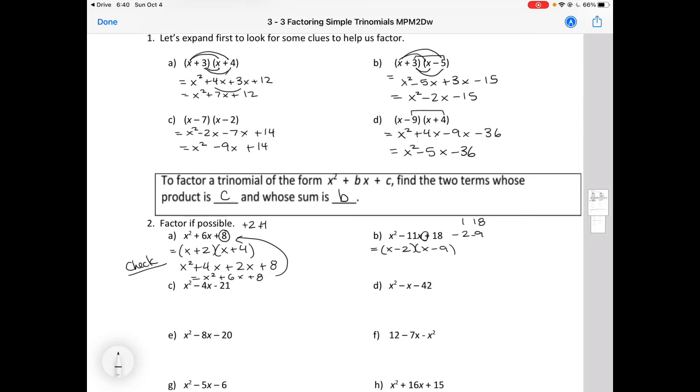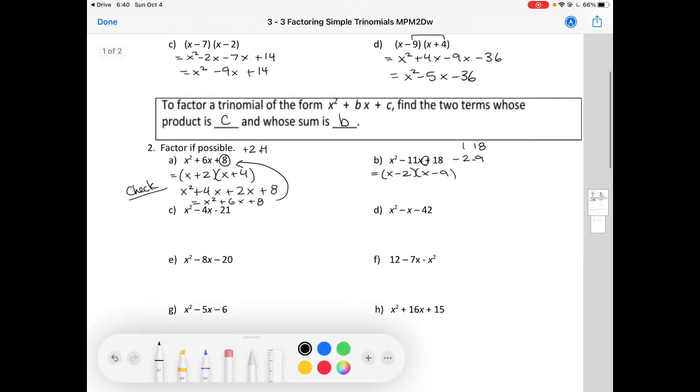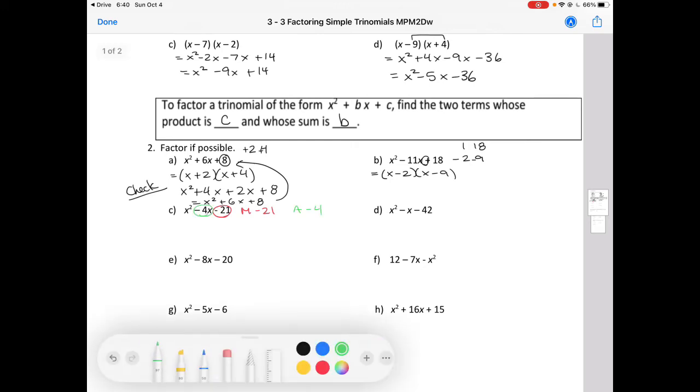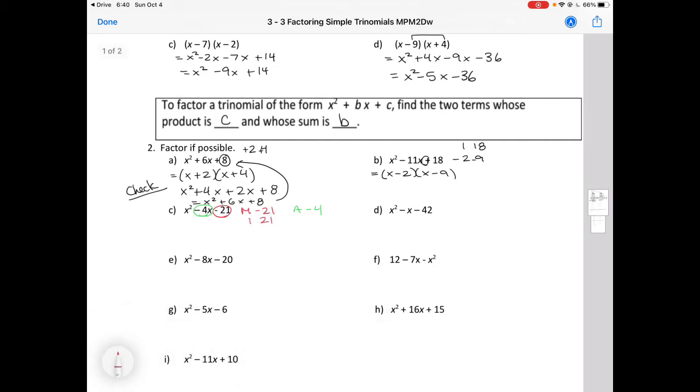Let's try another one. Here I'm looking for two numbers that multiply to minus 21 and that add to minus 4. So let's start with my factors of 21. So I've got 1 and 21.